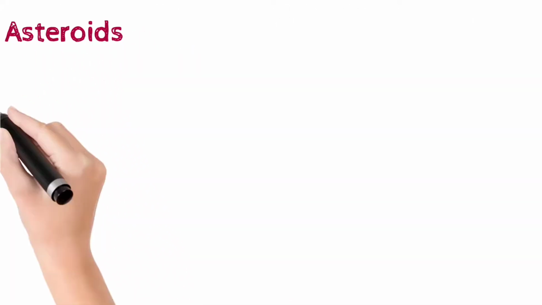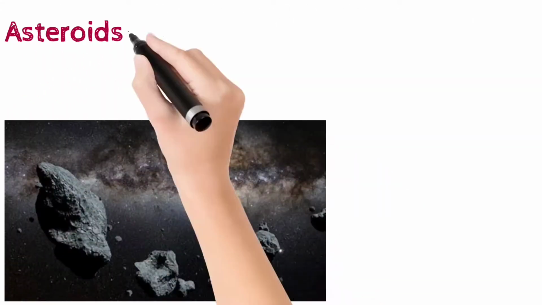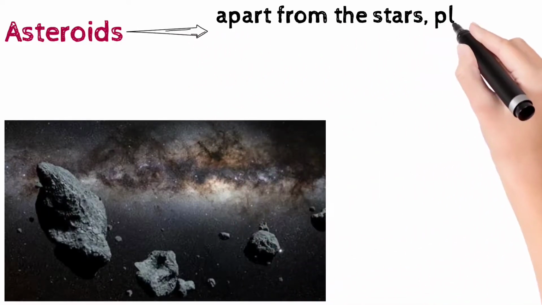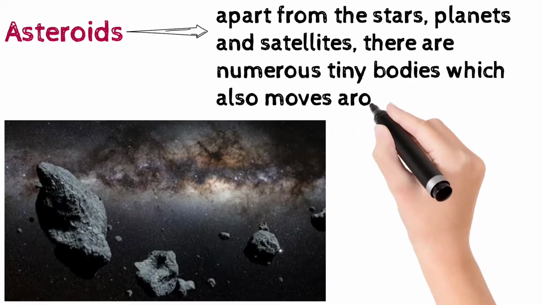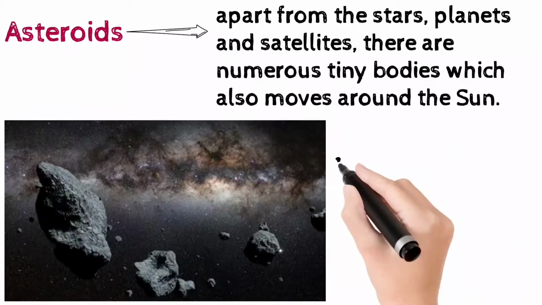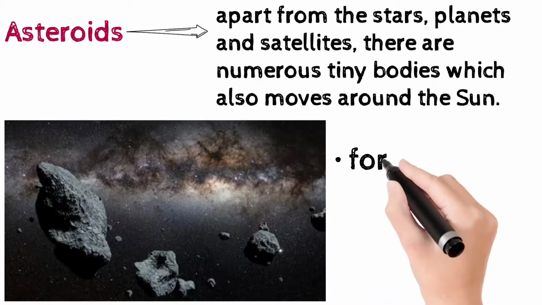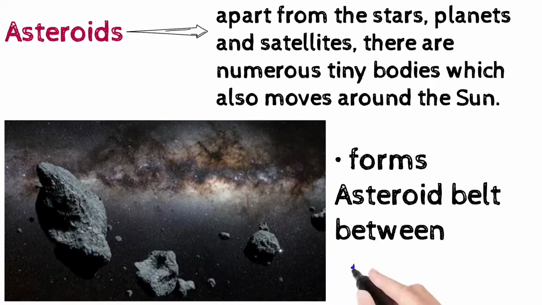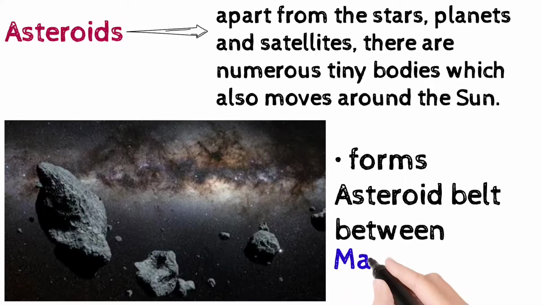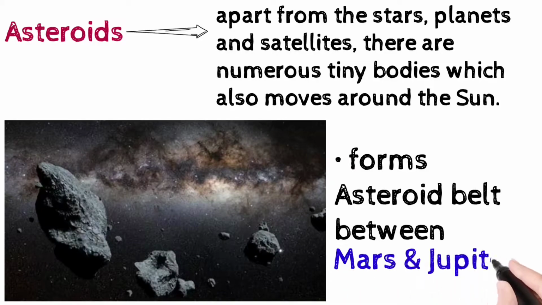Asteroids. Apart from the stars, planets and satellites, there are numerous tiny bodies which also move around the sun. They also form the asteroid belt, which I mentioned before in the diagram. Between Mars and Jupiter, there is an asteroid belt.